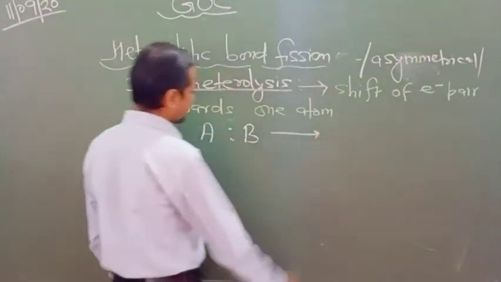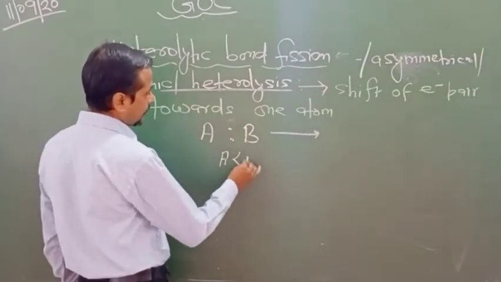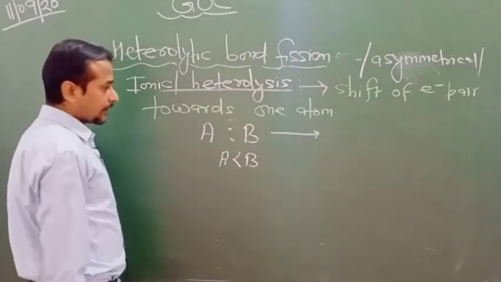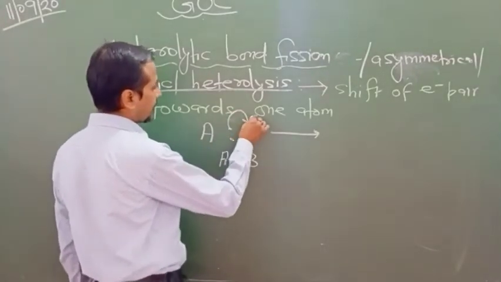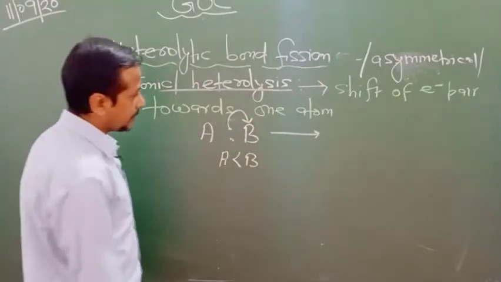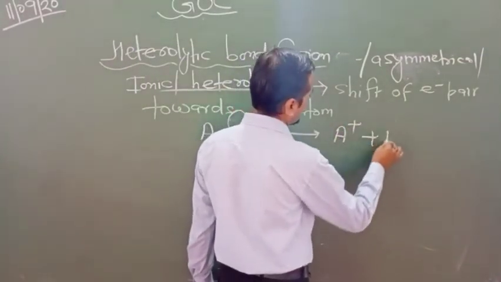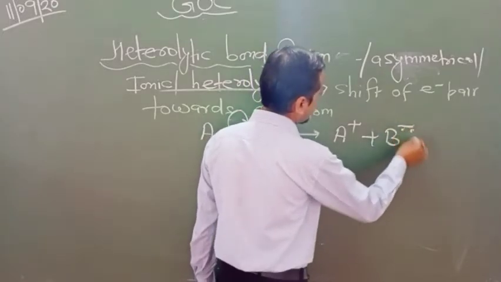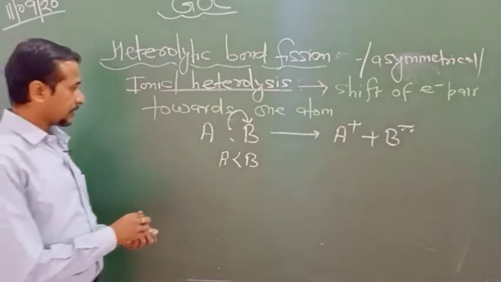Now what happens? If A is less electronegative than B, in that condition the shifting of the lone pair takes place like this towards B, and hence it generates two types of charged species, one positively charged and one negatively charged.